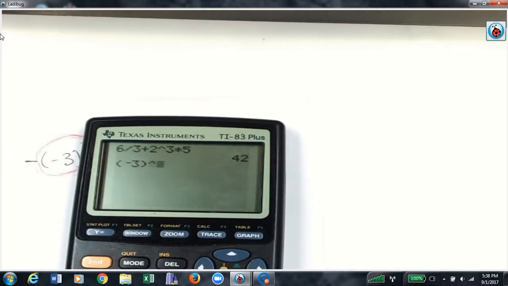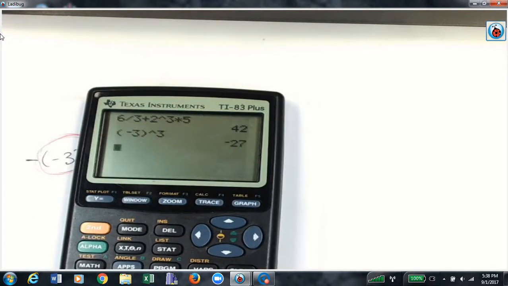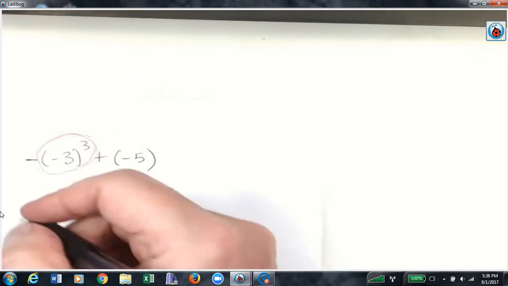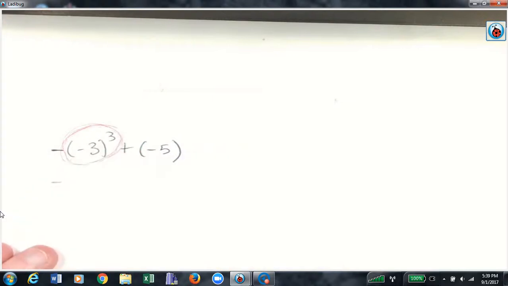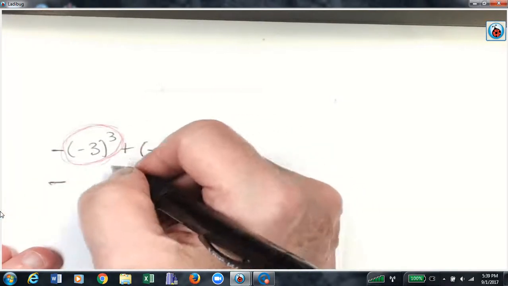And then up arrow for the power of 3, which will give me negative 27, because it's negative 3 multiplied by itself 3 times. Negative 3 times negative 3 times negative 3. So what I circled in red becomes negative 27.